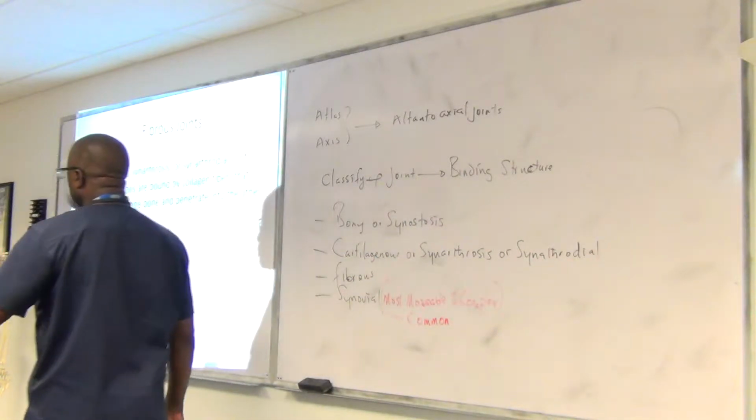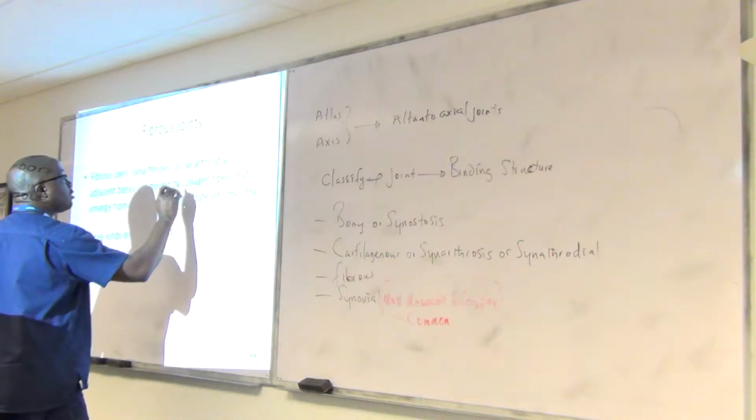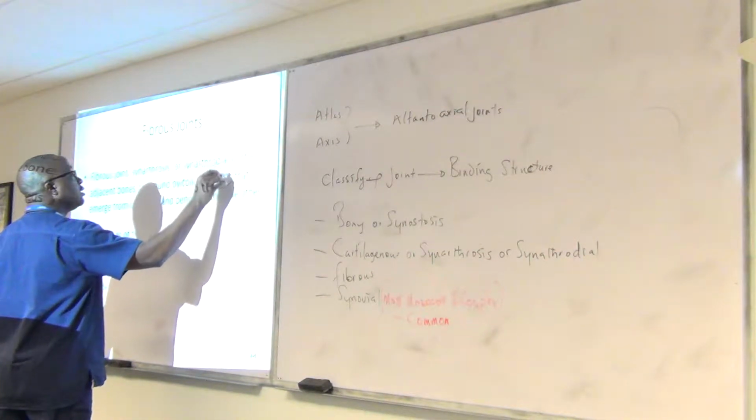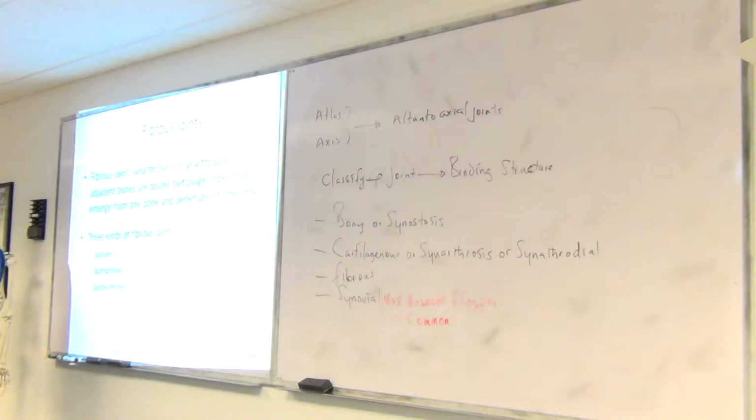So what binds them together is collagen fibers. Collagen fibers are what bind the two bones together. So that's the fibrous joints.